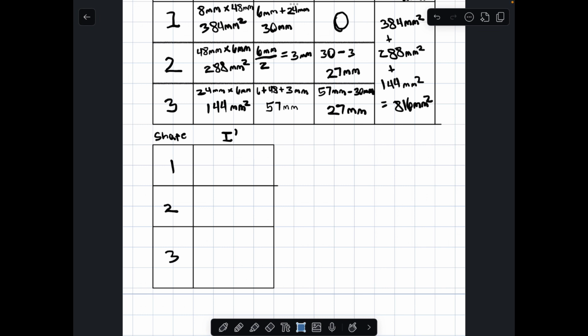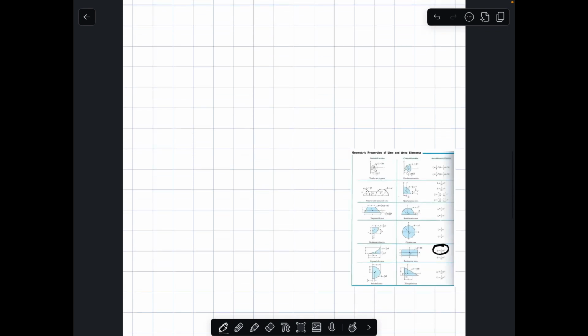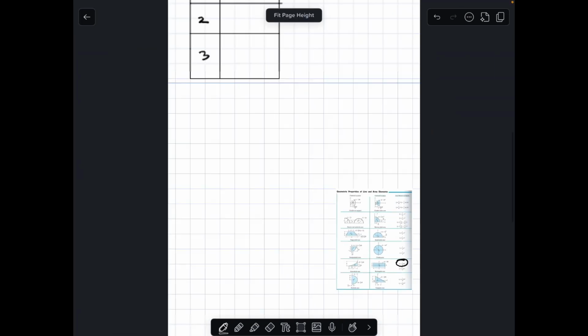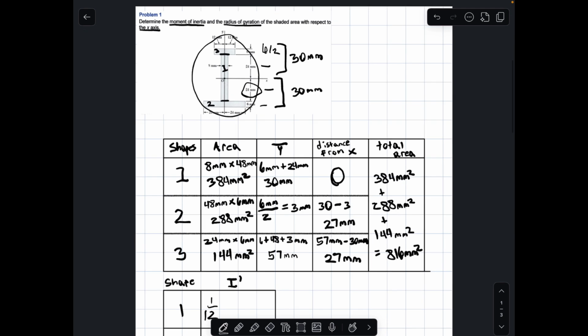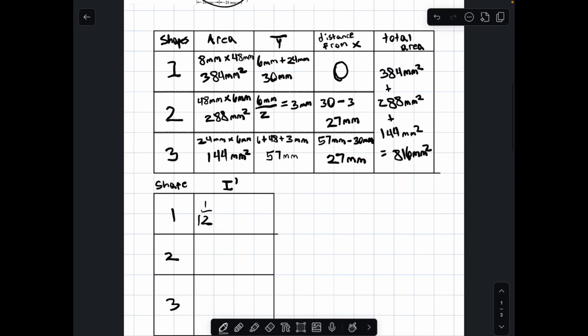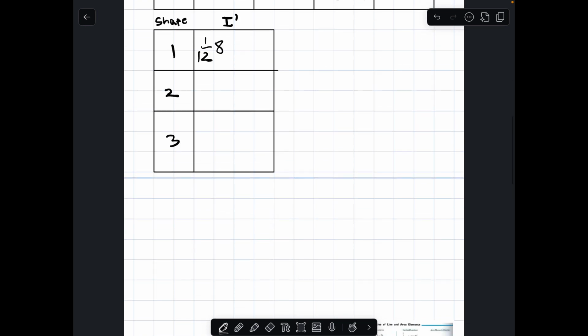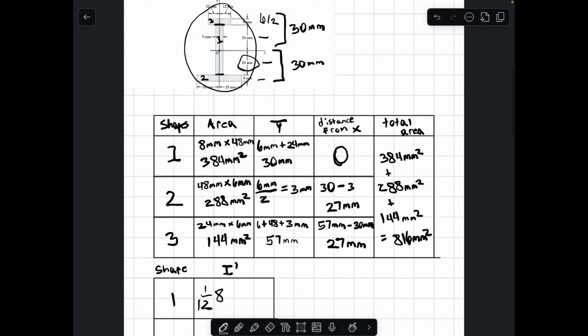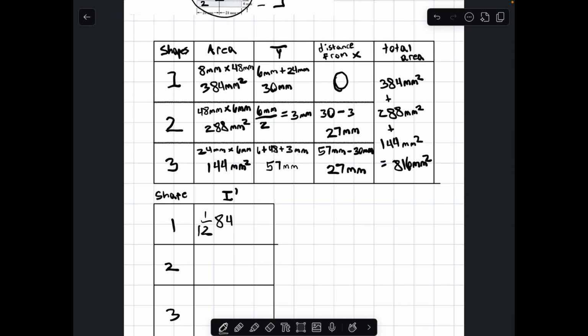So the moment of inertia for these shapes is 1/12 times the base. The base of rectangle 1 is 8, the height is 48, and that is cubed.